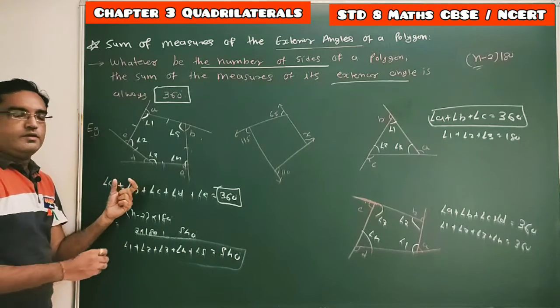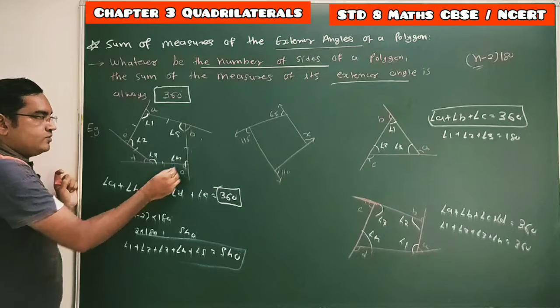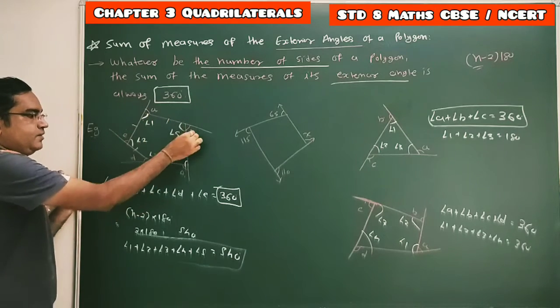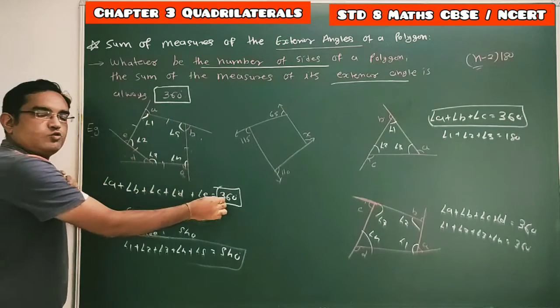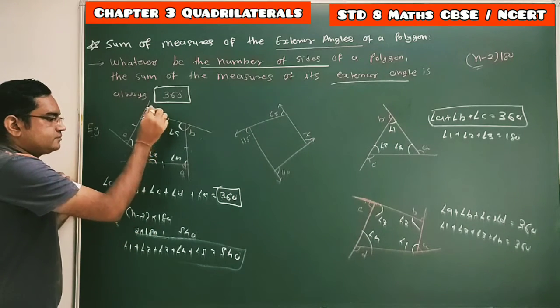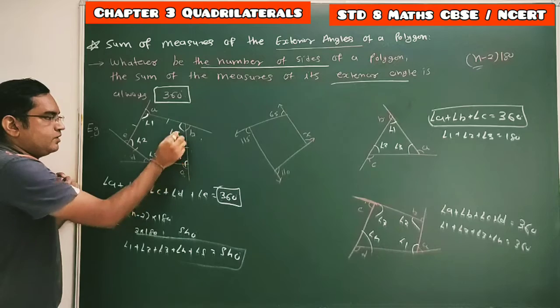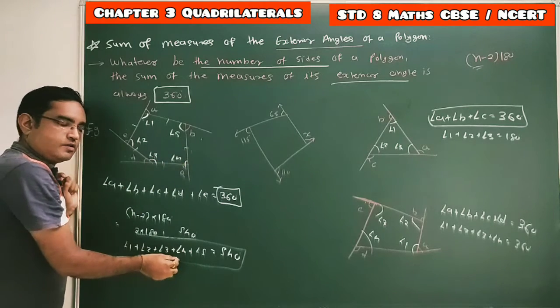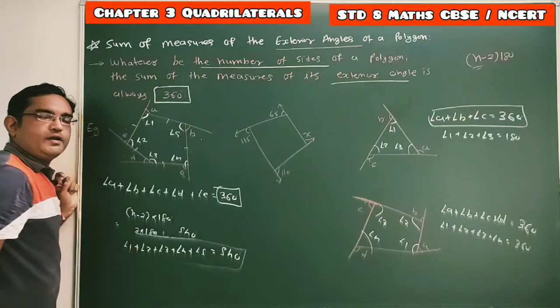So for this pentagon, the exterior angles A plus B plus C plus D plus E always sum to 360 degrees, and the interior angles 1 plus 2 plus 3 plus 4 plus 5 sum to 540 degrees.